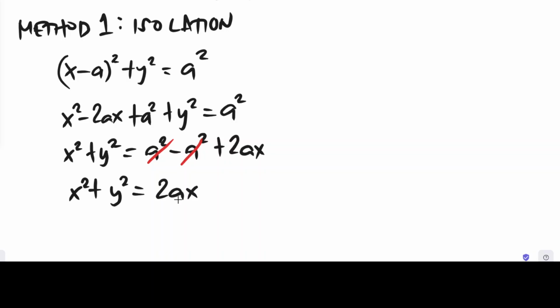Again, the goal is to separate a. So separating a, we will have x squared plus y squared all over x is equal to 2a.